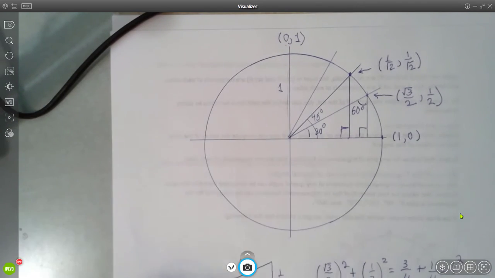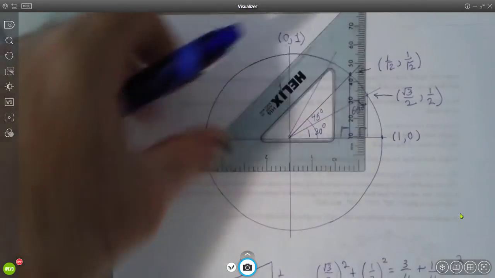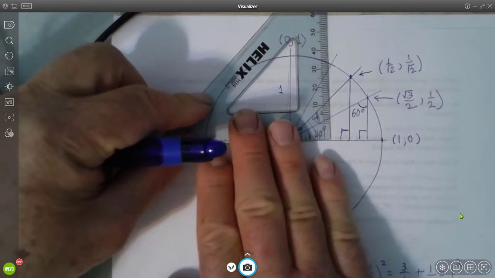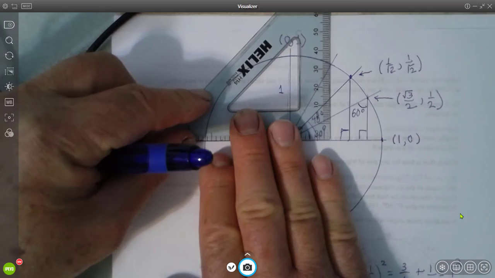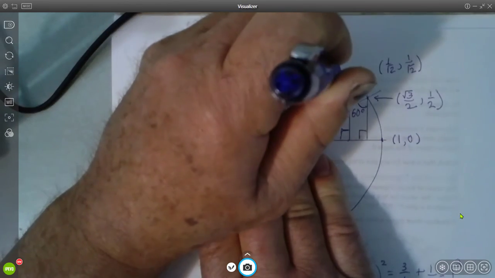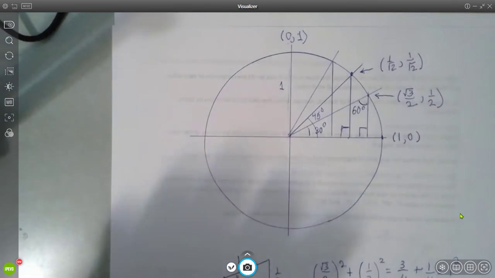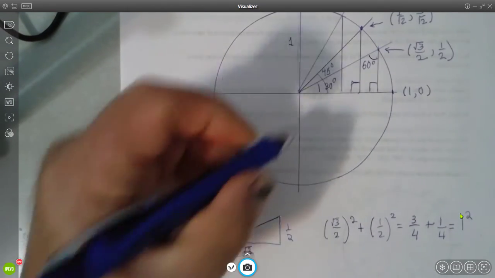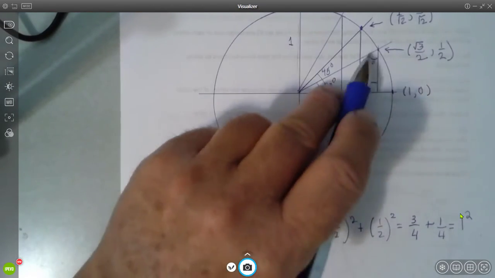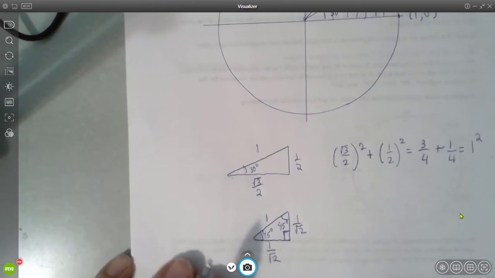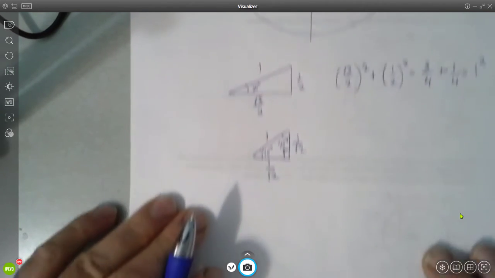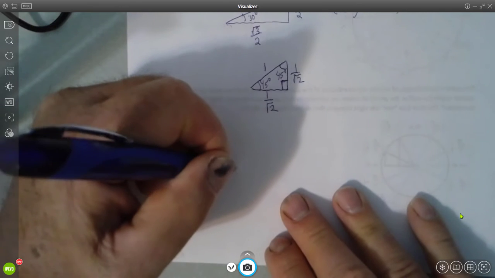Well, one more time, in order to do that calculation, we would drop a perpendicular here from the point down to the x-axis. And now things are just really kind of reversed from where we had them on this triangle. We're now looking at a triangle that looks more like this.